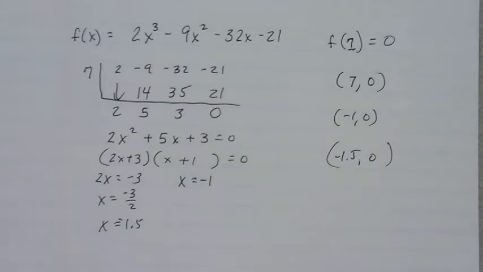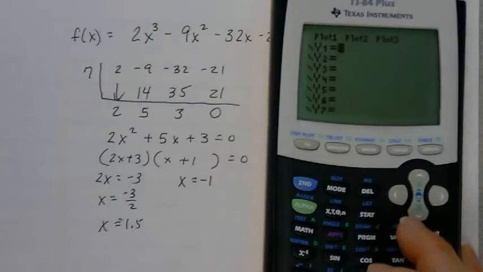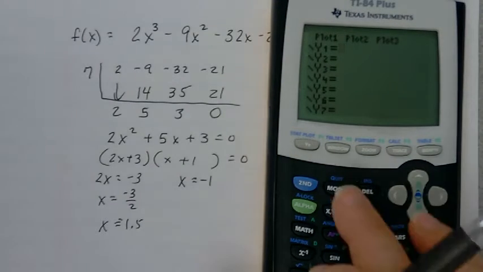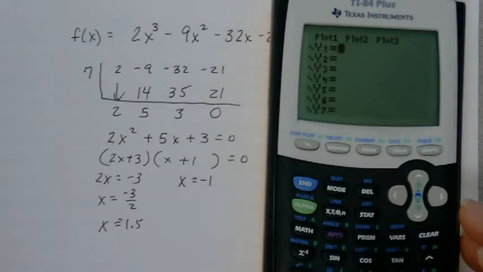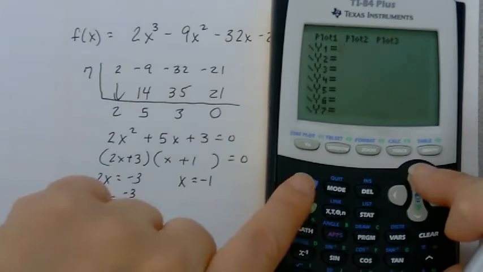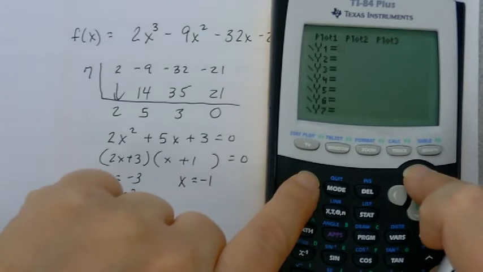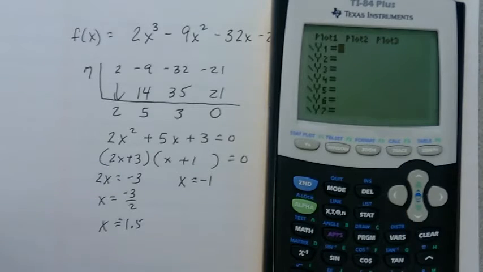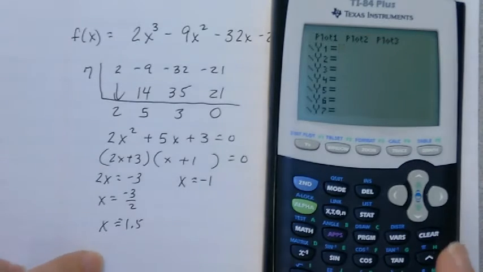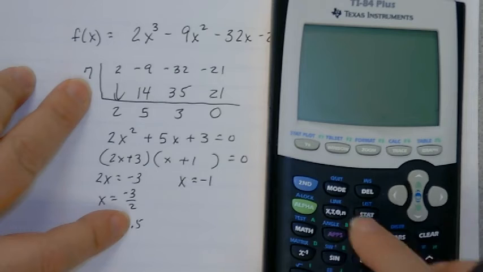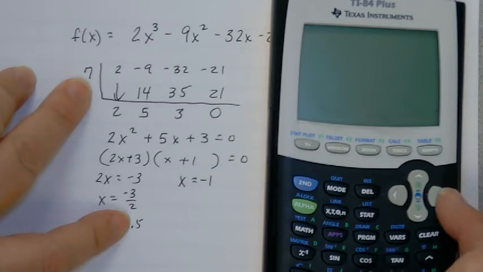So I wanted to show you on the graphing calculator how this would look. So I'm going to start by going to y equals, and I'm going to type in this function. Let me see if I can get this to be a little brighter. Okay, hopefully you can kind of see there.